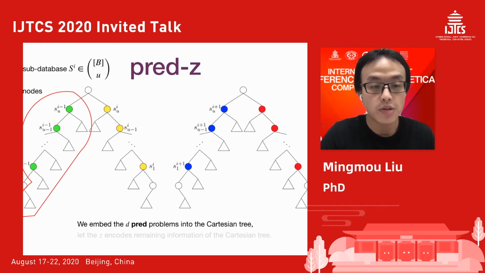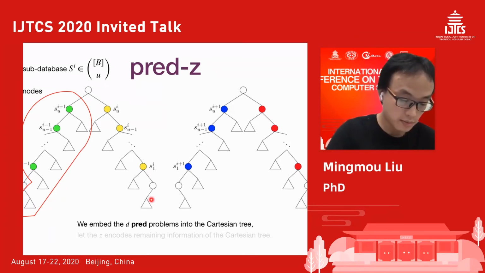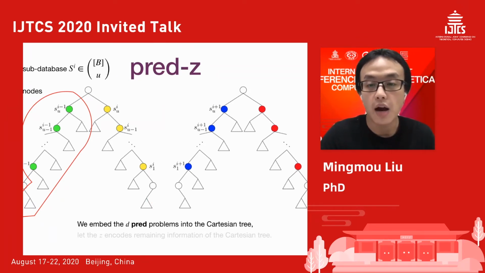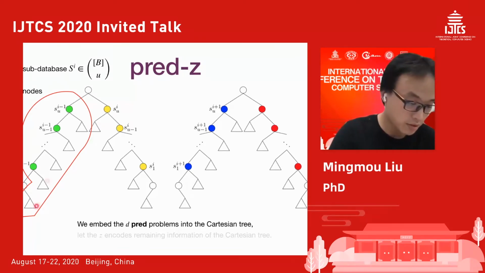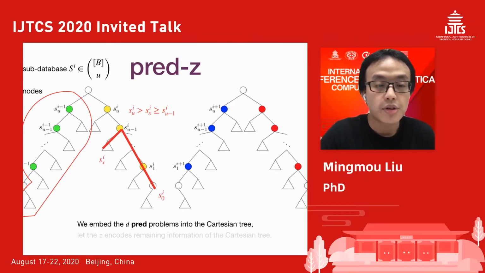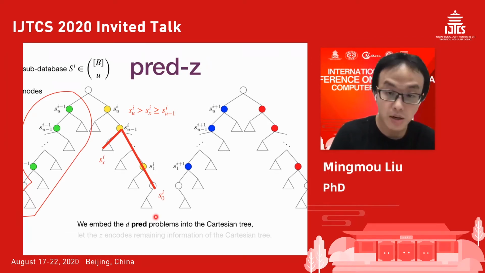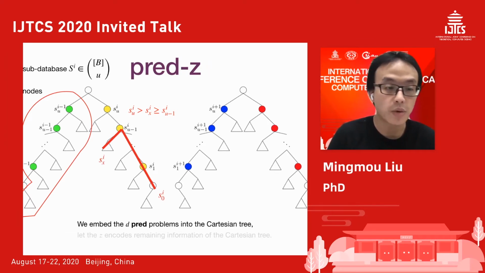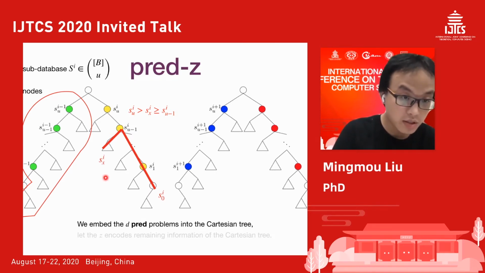The 2U data points in the databases are embedded into these two paths, and the other elements from the universe are embedded into the subtrees. To answer the predecessor search X in subproblem I, we just return the lowest common ancestor of the dummy node corresponding to subproblem I and the node corresponding to element X in subproblem I.